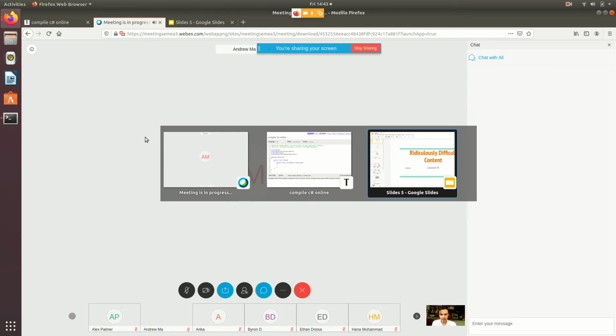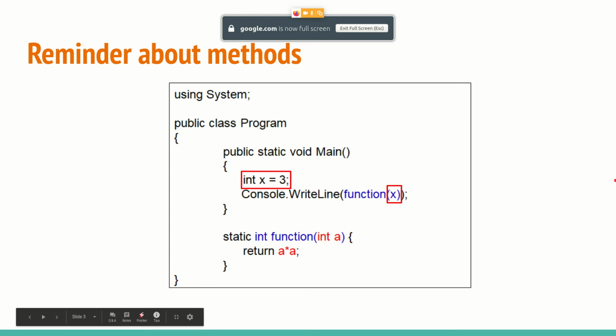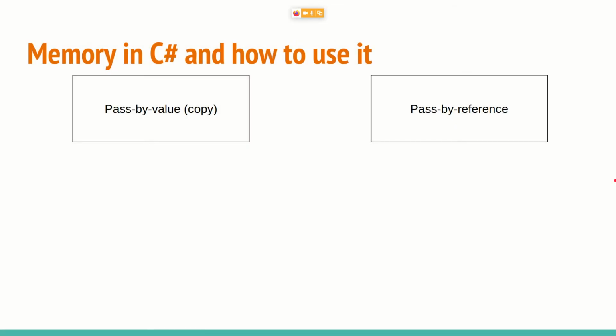But let me first go to the slides because they probably will explain it better than I can in words. So in our exploration of memory, we're going to think about two important concepts: pass by value and pass by reference.